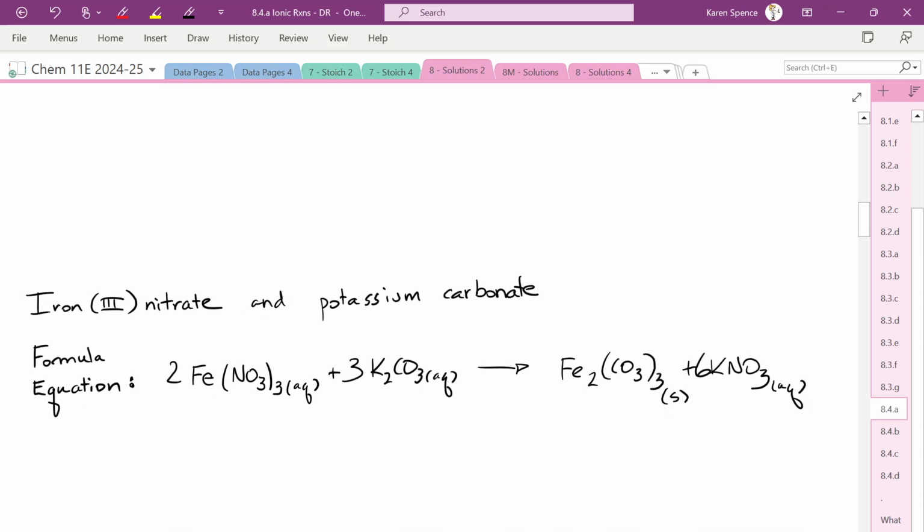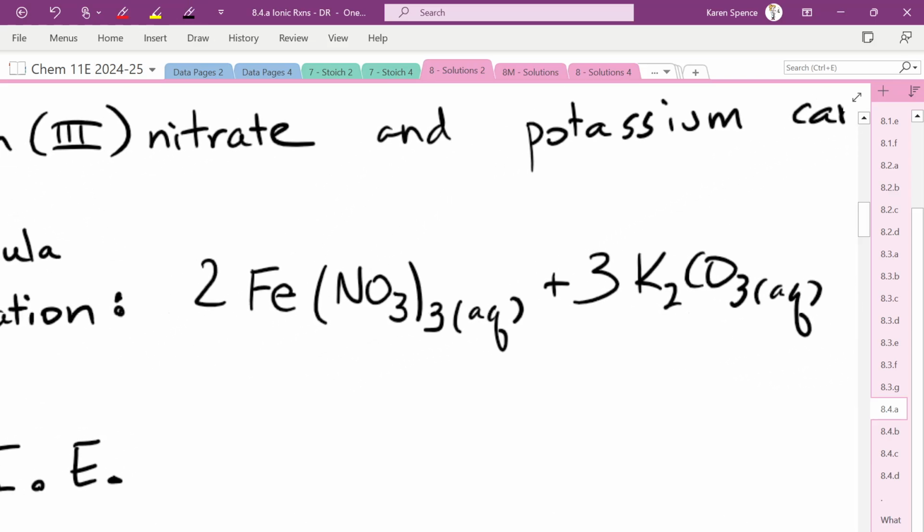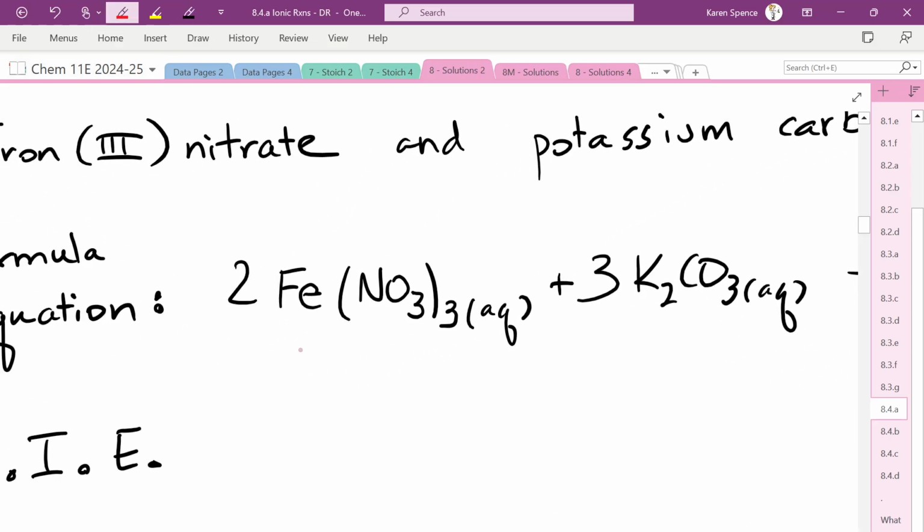So for our complete ionic equation, we do need to consider both the coefficient and the subscript. So for the iron, there is no subscript, so it's just 2. So we're going to have 2 Fe.